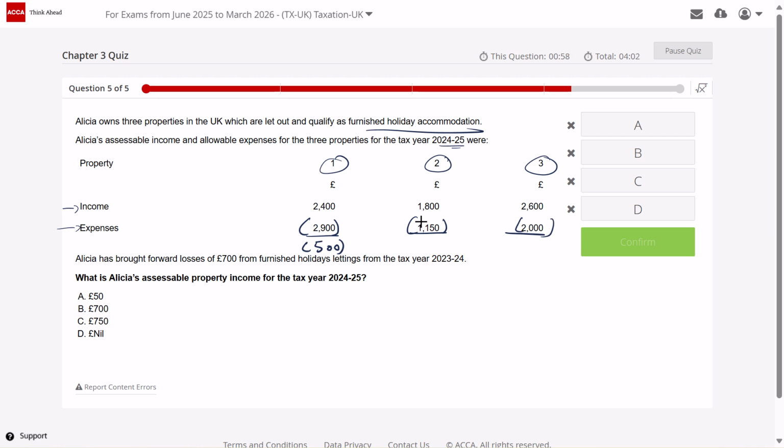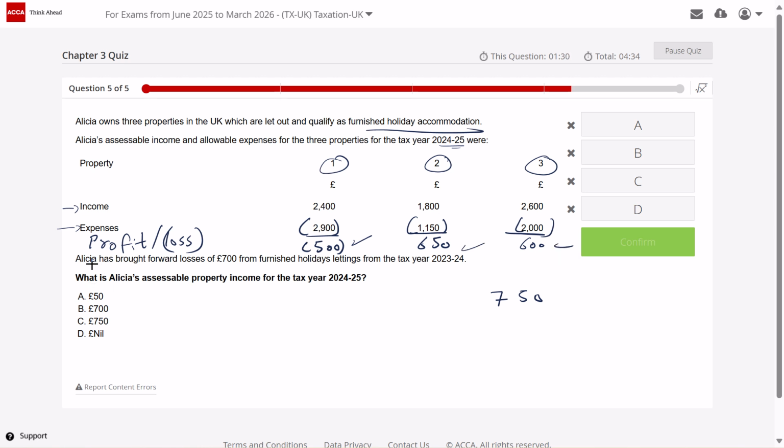So 1,800 less 1,150 makes it 650 profit. Here I'm computing profit or loss. And 2,600 less 2,000, that's simple, that is 600. So my net position is 750 of profit. Here a loss and here two profits.